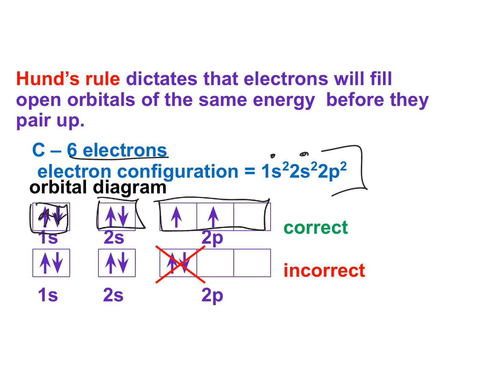Then we draw our 2s in this box, 1, 2. Then we have 2 2p's to draw. So we go into our 2p box, and we have to start drawing our up arrows first. 1, 2. If we had more, we would draw them like this. 3, 4, 5, 6. But we stopped because carbon only has 6 electrons.